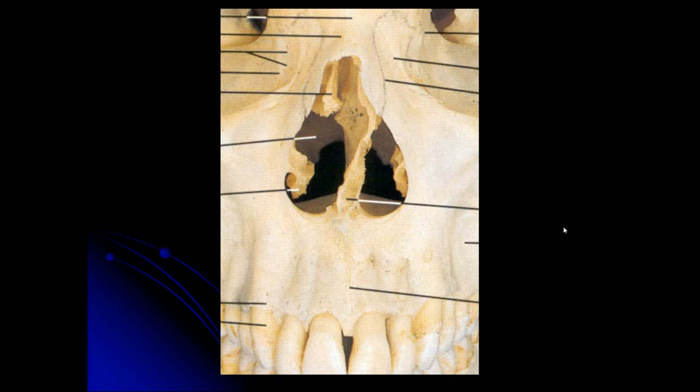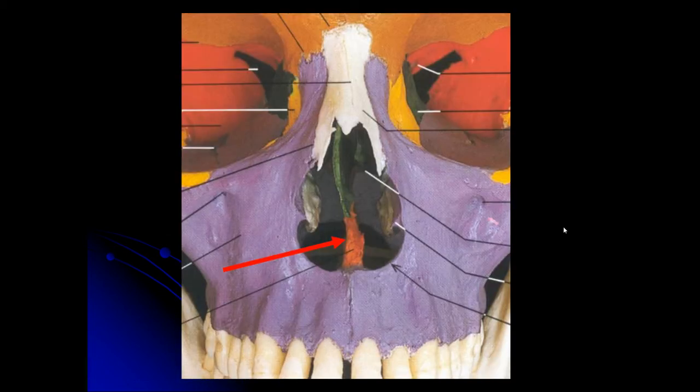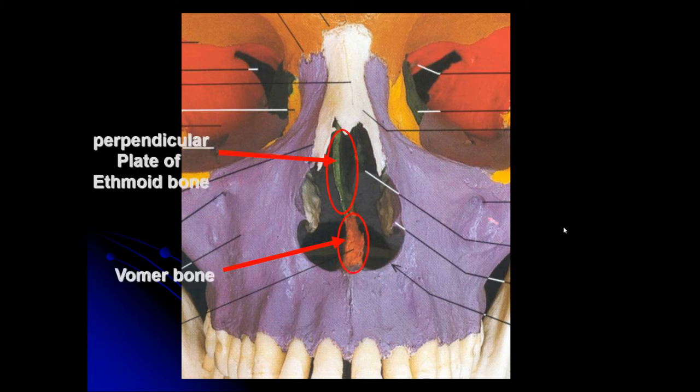Now this skull has a deviated septum, but the top part is not the vomer. Only the bottom part is the vomer. The top part is the perpendicular plate of the ethmoid. So when you look here, those two are colored differently. The green is this perpendicular plate, and the orange is this vomer.